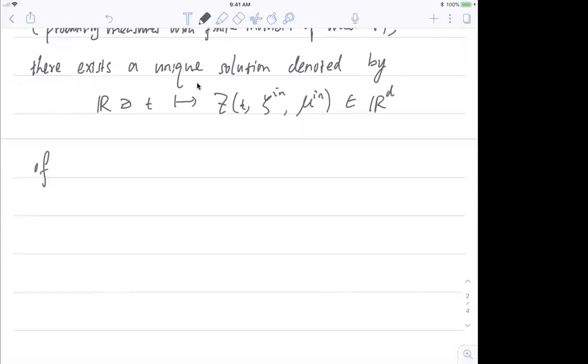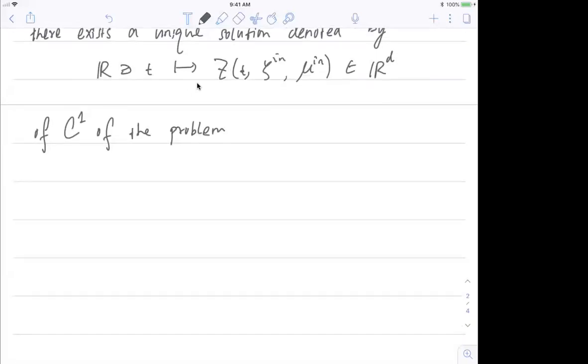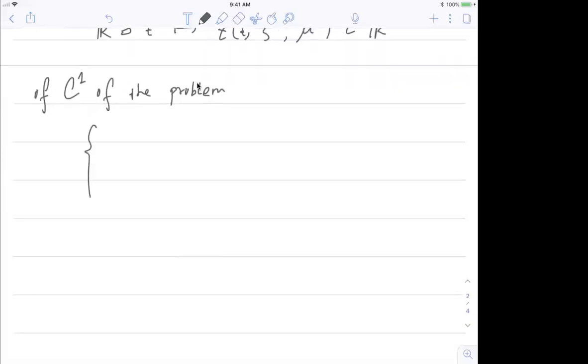This is of C^1 class, differentiable in time, which solves the mean field characteristic equation. So let's write it in the following way. Kappa is the integral operator we just defined above.